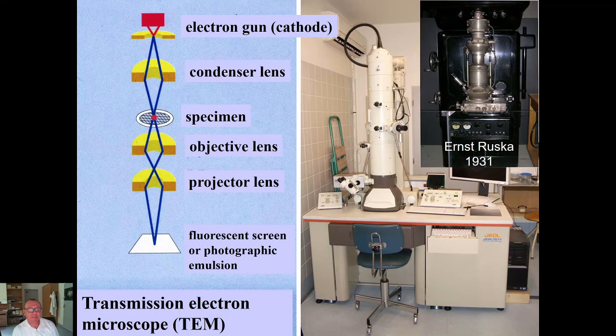The last several pictures are pictures of the electron microscope. This is a transmission electron microscope. It was developed by Ernst Ruska in Germany in the 30s of the 20th century, before the Second World War.